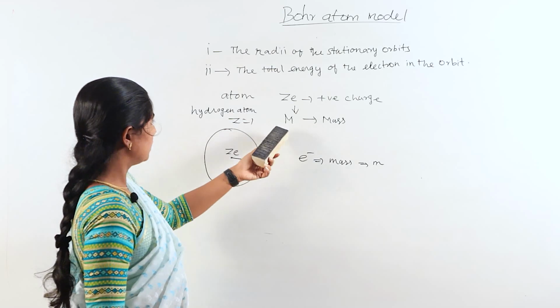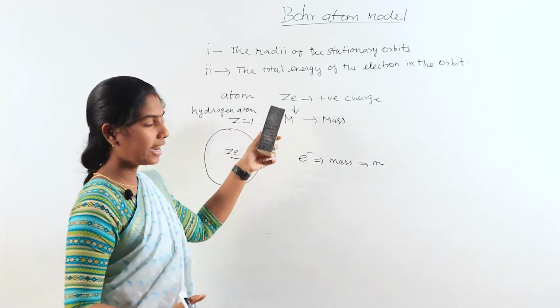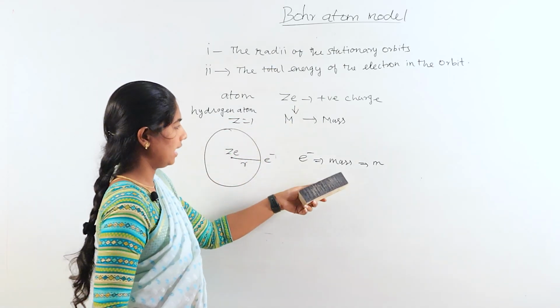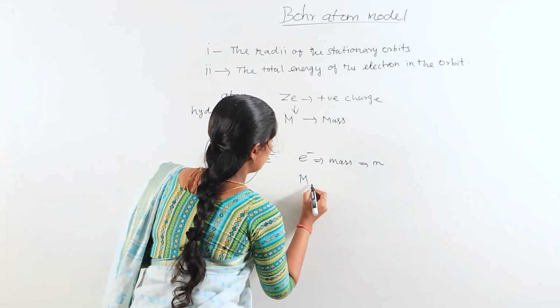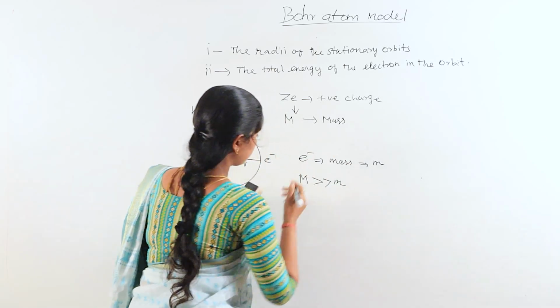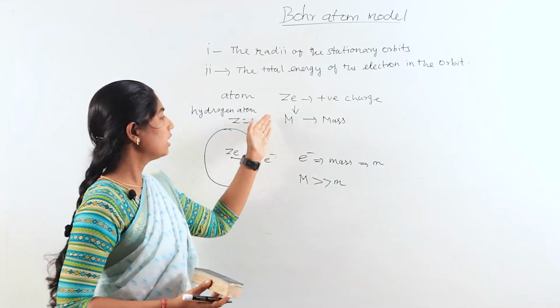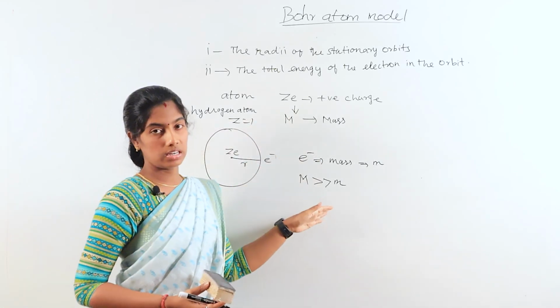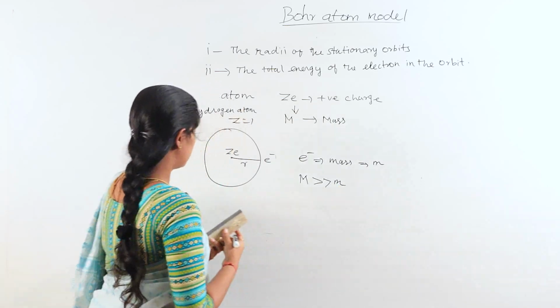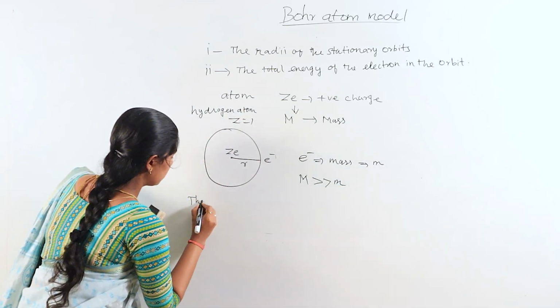The nucleus mass should always be greater than the mass of the electron, but for this calculation we are not considering the mass of the nucleus, we are only considering the mass of the electron.